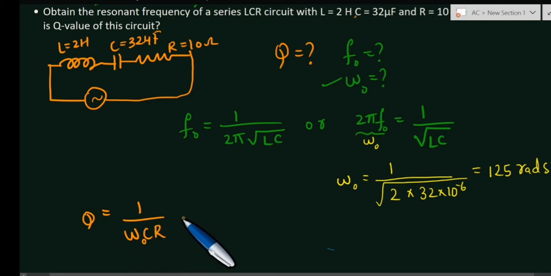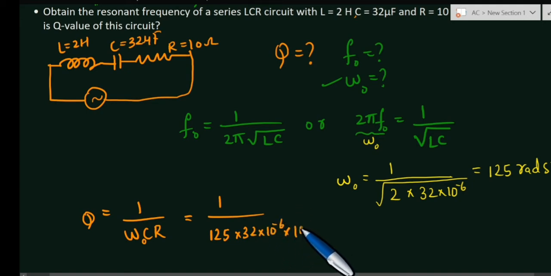So that is equal to, substitute all the values. 1 divided by omega naught is 125, C value is 32 microfarad and R value is 10. So if you calculate all these values, the value comes out to be 25. So 25 is the value of Q factor of this circuit.